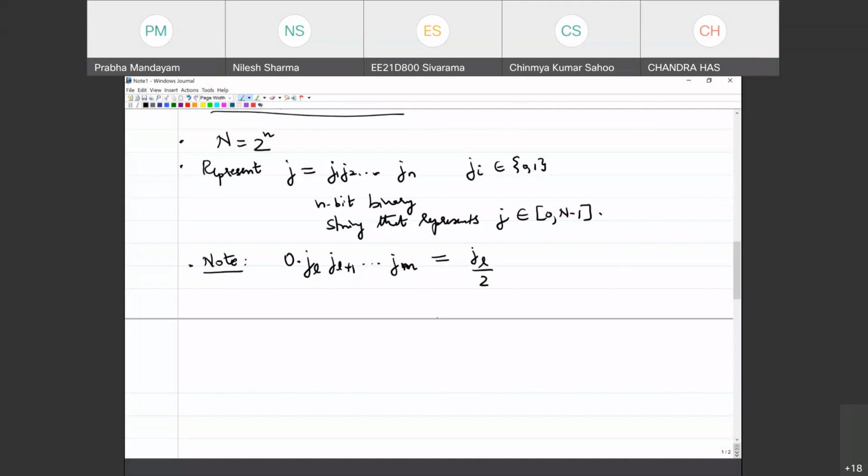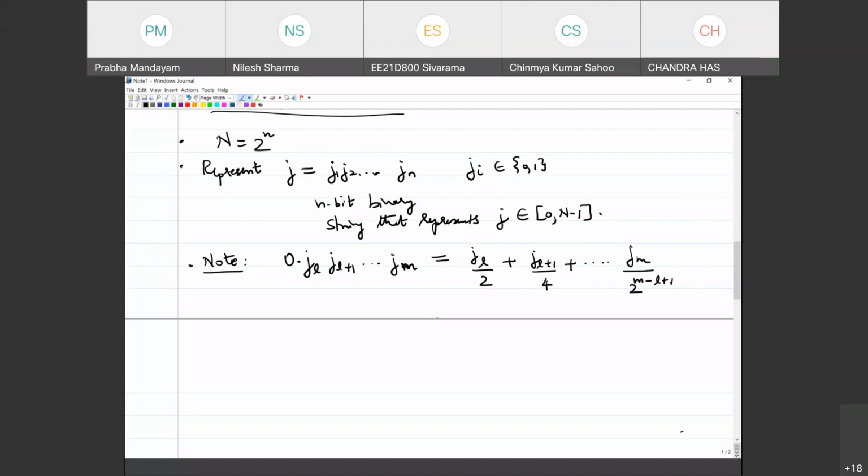I thought some of you in EE may have seen this, or at least in the EE courses that you take. So j_l by 2 becomes j_(l+1) by 2 squared, that is 4, all the way up to j_m by 2 raised to m minus l plus 1. Let's see how that works.